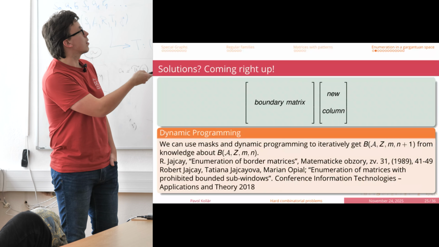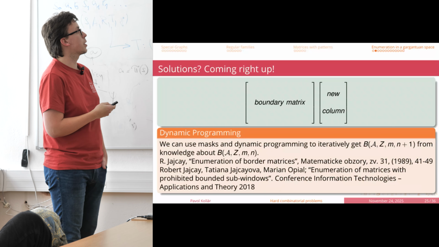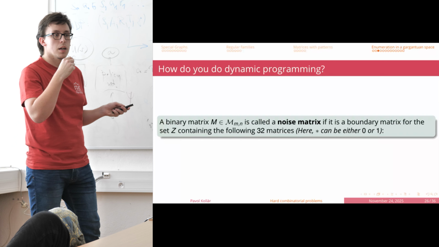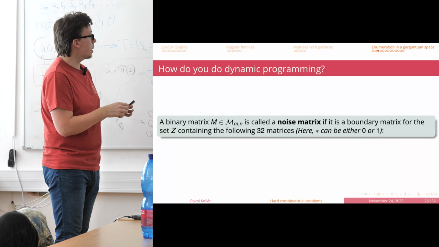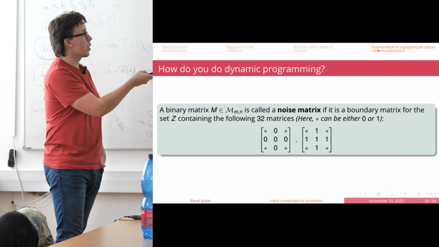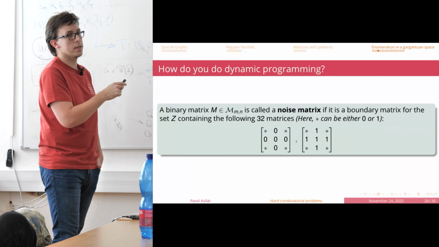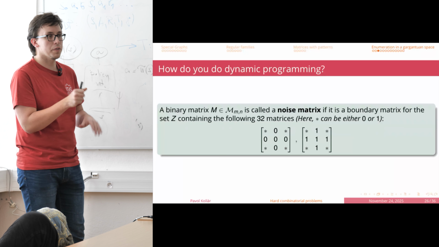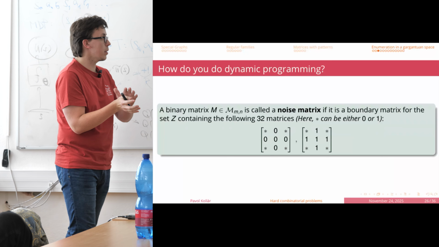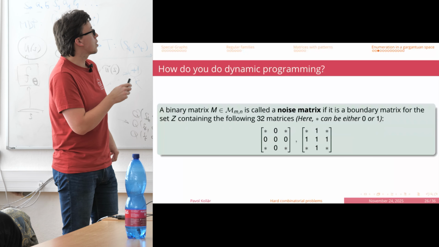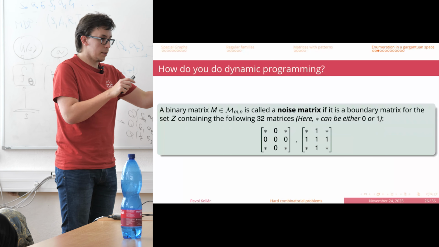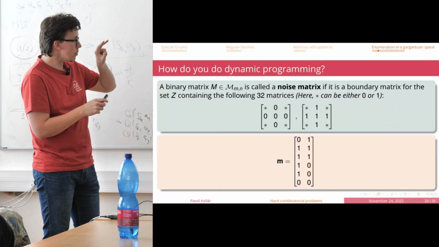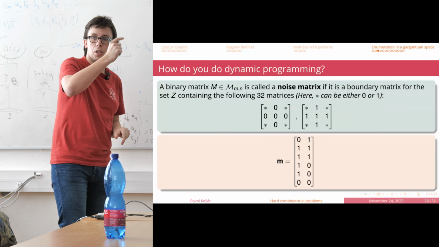And what is this dynamic programming that I mentioned? For that, let's use the example of noise matrices, which are boundary matrices for the forbidden set of these matrices, where the asterisks can be either zeros or ones, we don't care. But there must not be any of these plus patterns of either zeros or ones. If that doesn't happen, then it's called a noise matrix. So the gist of the dynamic programming is that we take the last few columns, namely 2 in this case, and then we try to append new columns onto it.